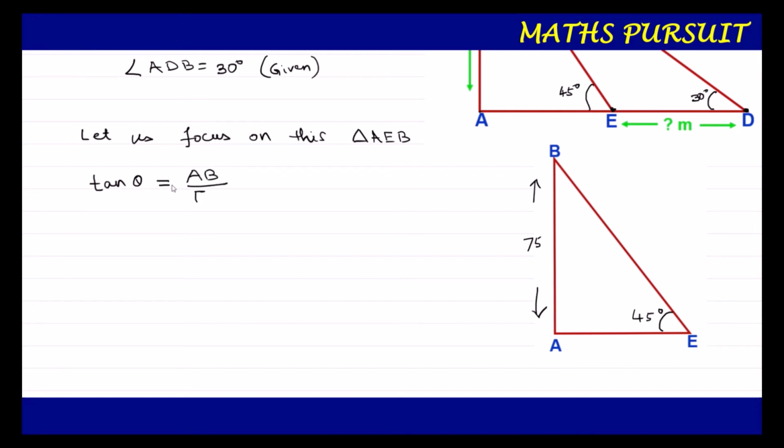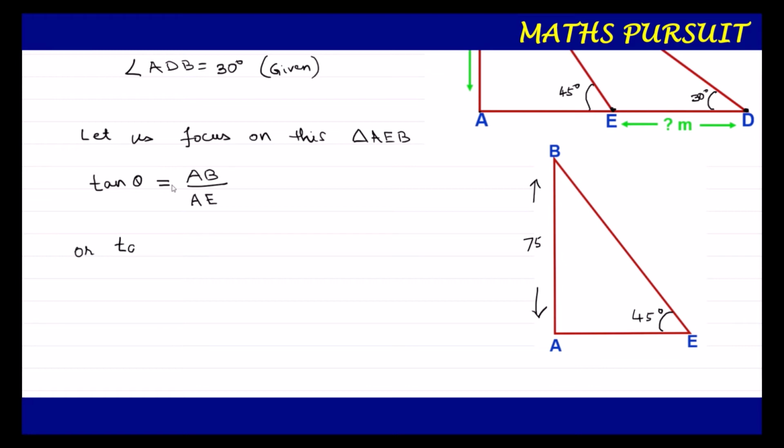How? Tan theta is equal to the opposite side of angle theta upon the adjacent side of angle theta. The opposite side of angle theta here is AB and the adjacent side is AE.